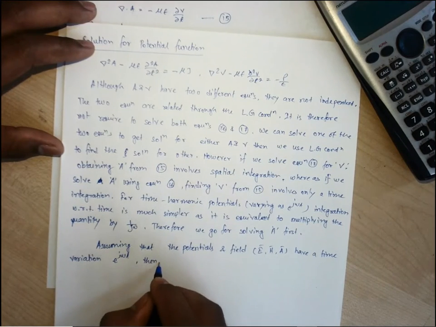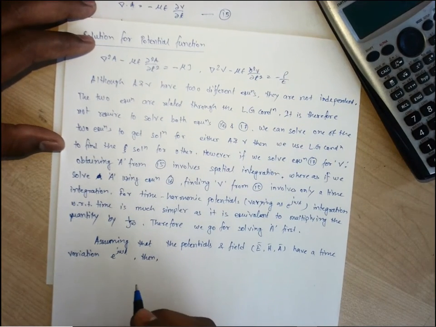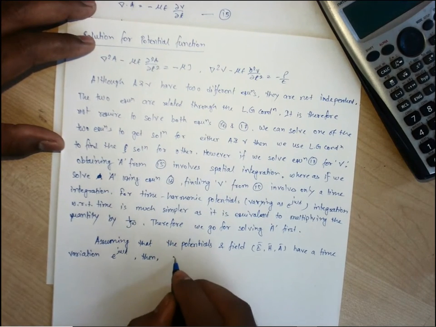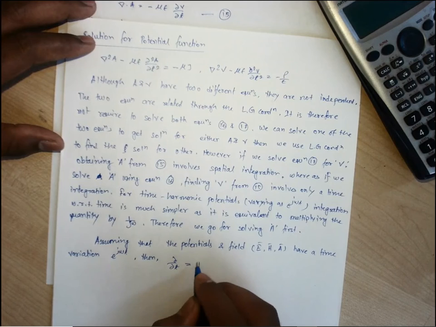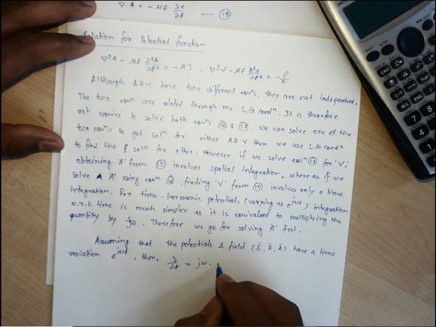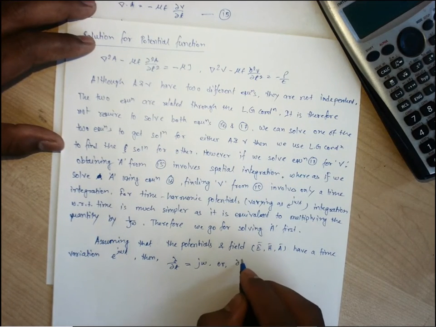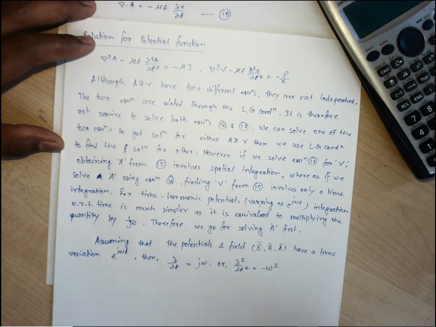Then any time derivative we can write directly as j omega, that is del by del t can be written as j omega, and del 2 by del t2 can be written as minus omega square.